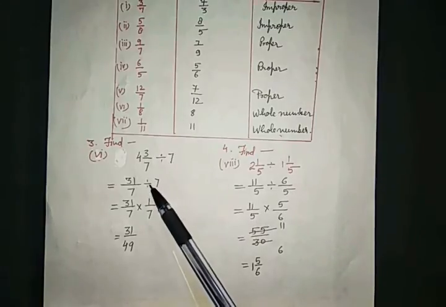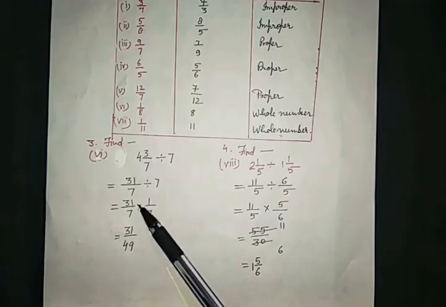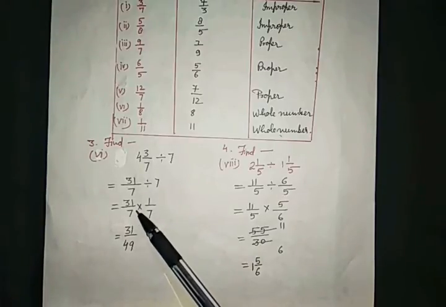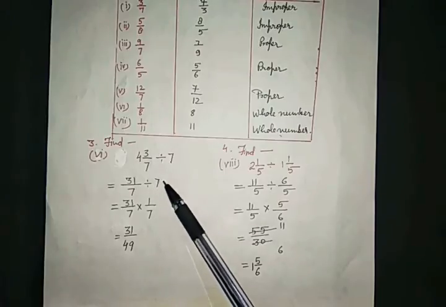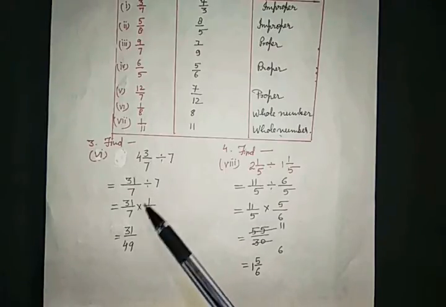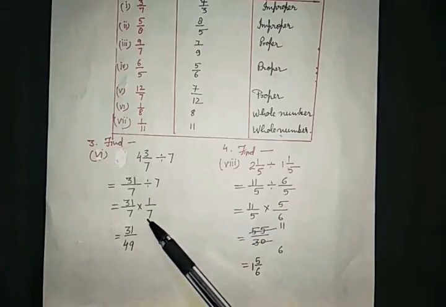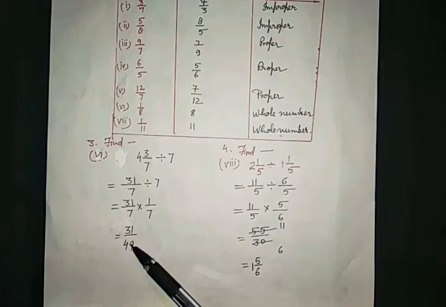Here in the previous question you had divided by 7. So in the next step, in place of division you put the multiplication sign, and after this you did not write 7. What you did was write its reciprocal, 1 upon 7. And then you solved.